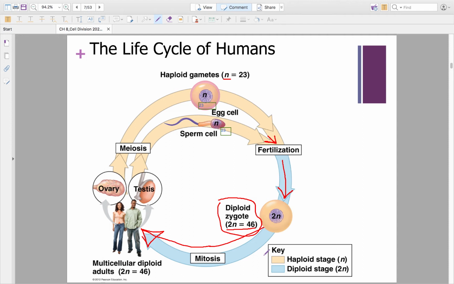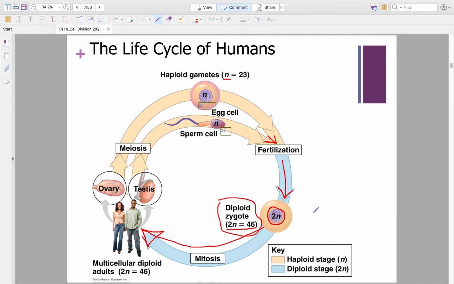Of course, there are other factors involved in growth and development, but mitosis is key. Every single one of your cells, except red blood cells, is carrying your full DNA that you inherited or acquired in this process right here.